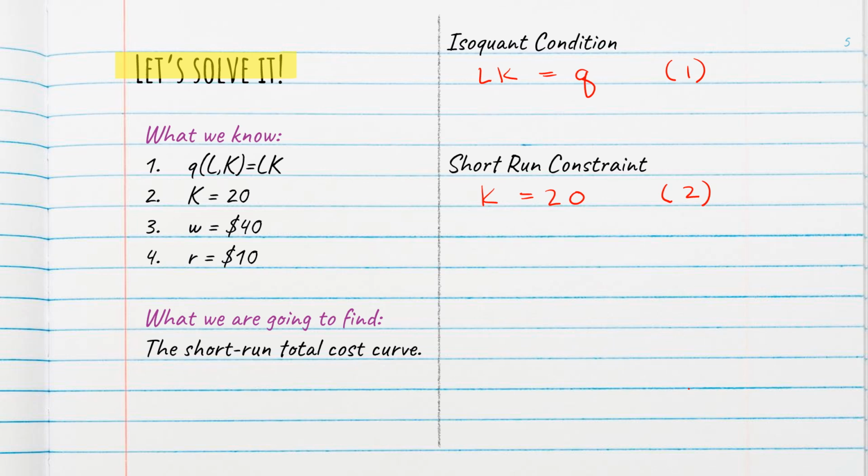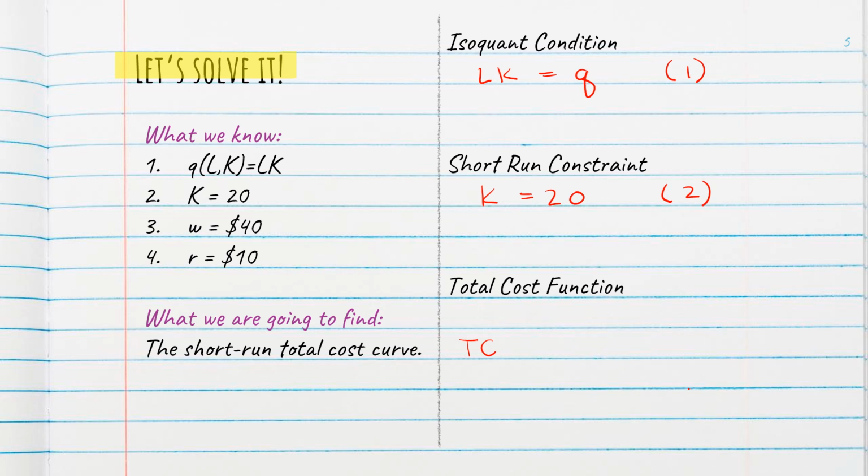From this isoquant condition and short run constraint, we should be able to solve for the demand for labor. And with the demand for labor and the short run constraint, we can find the total cost function. So let's lay down the baseline formula for this total cost function. Total cost is always equal to the wage times L star plus the rent times K star.